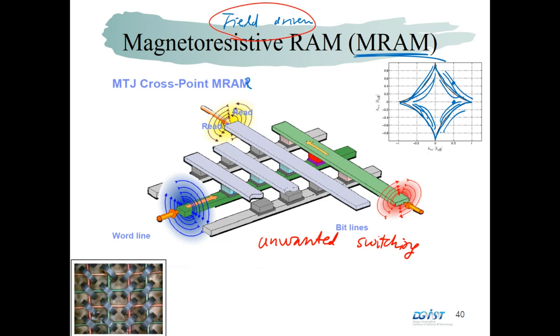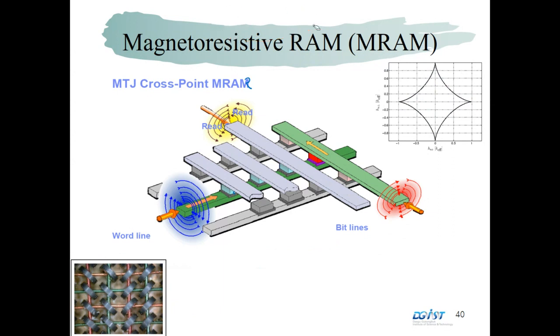We cannot make a good device, because for a gigabit device, billions of cells must all work. That's not easy. So people gave up on MRAM, and that was the crisis of spintronics, because MRAM was one of the biggest devices for spintronics.